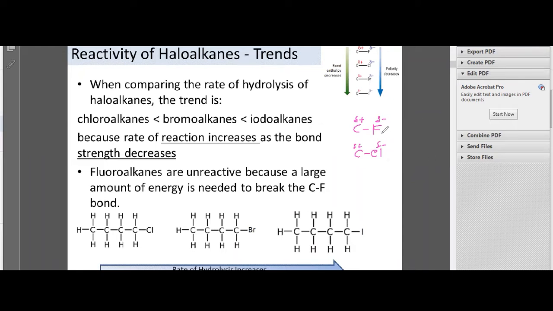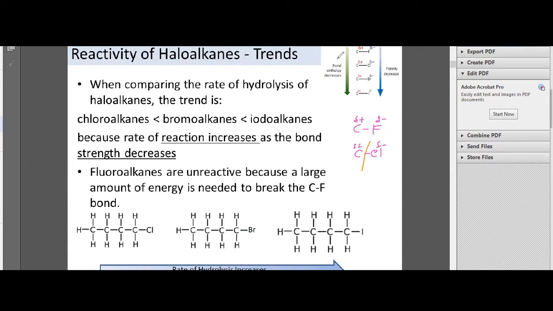You can see as well the bond length. You know that fluorine is smaller than chlorine, so the bond length of C-Cl is longer than C-F. Since C-Cl is longer, to break the C-Cl bond needs less energy compared to breaking the C-F bond.